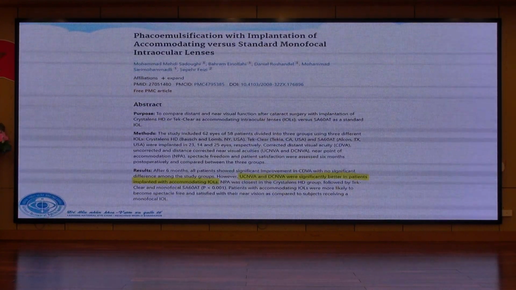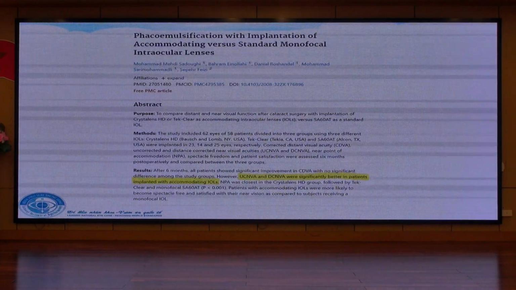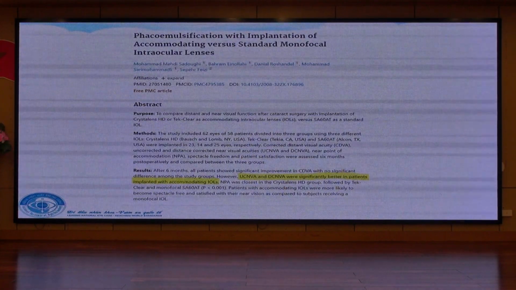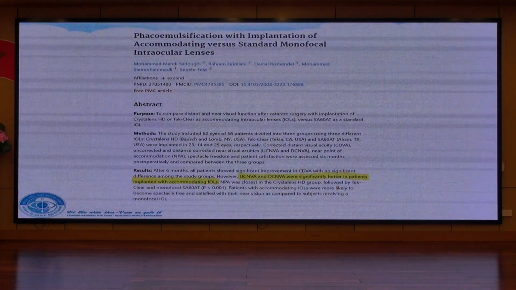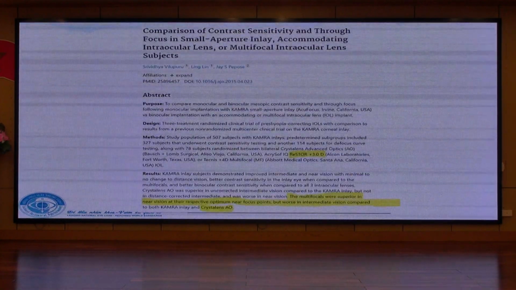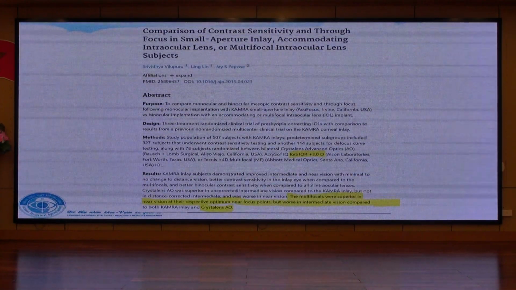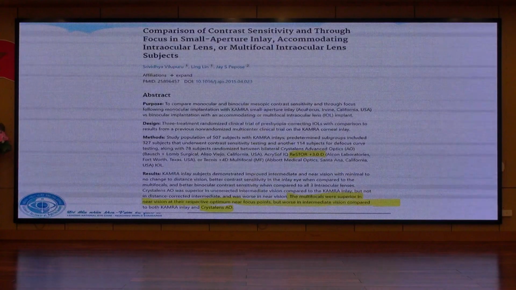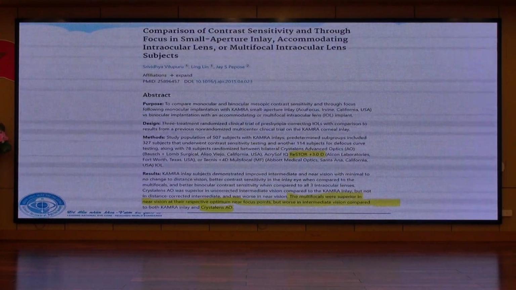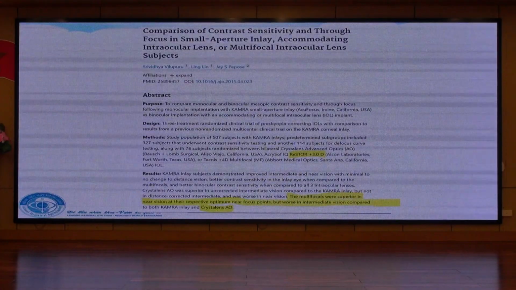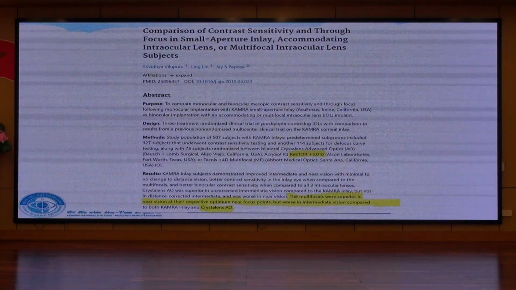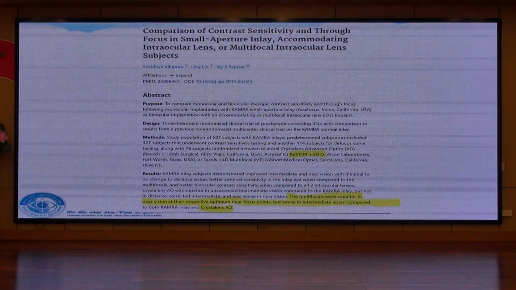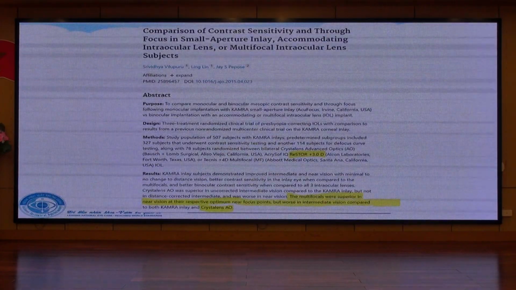Despite some authors still reporting significantly improved intermediate and near vision, the majority of them report very poor results. And in 2015, the author V. Medical reported poor distance-corrected near visual acuity in comparison with Restor plus 3 diopter and 4 diopter.